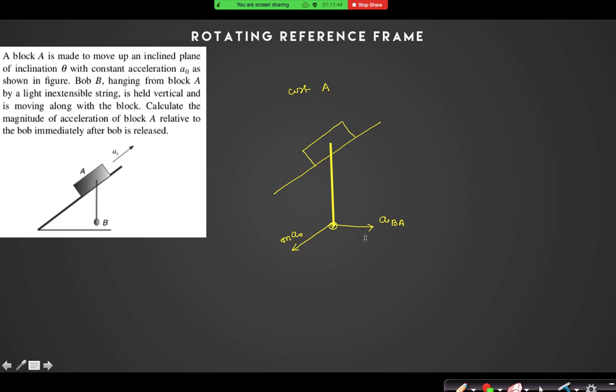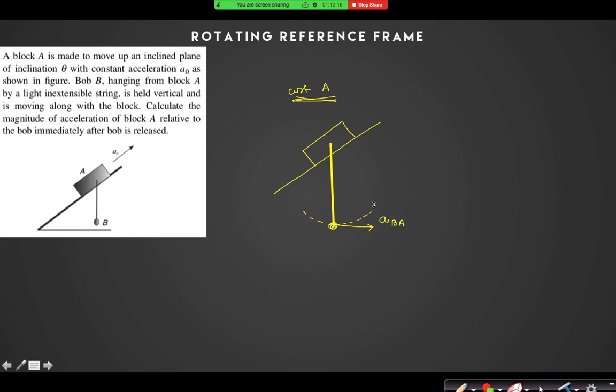Sir, I'm not getting what you have written. Yes, one second. Let us not talk about the forces; I have drawn the force here. I am trying to look at that situation with respect to block A. So with respect to block A, the particle or the ball can only move in a circle, yes or no?